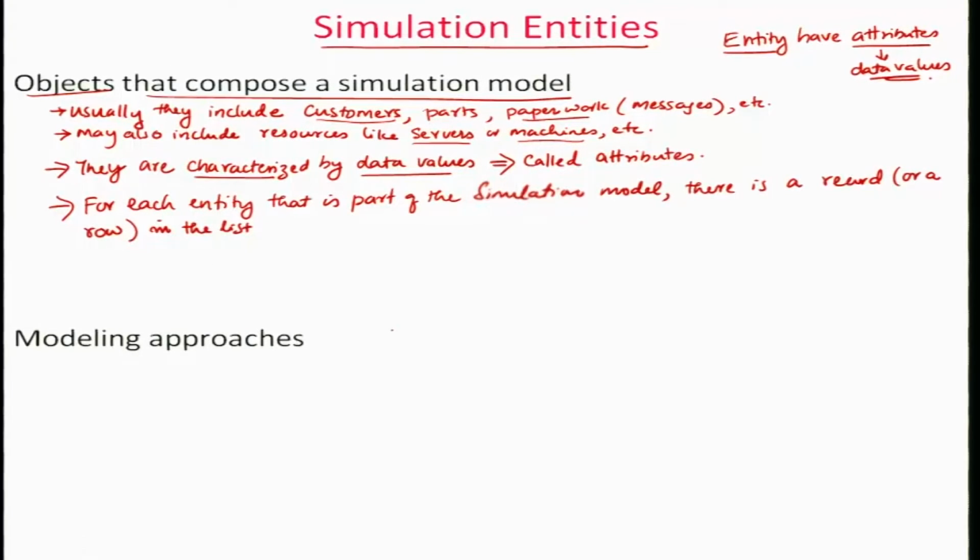So, for each entity that is part of the simulation model, there is a record, one row in the list. Okay. In the list, you can call it the entity list, some people call it the event list, okay. Some people call it a calendar, whatever you want to call it. In any one of those, a row, a particular record, is maintained for each entity that is part of the simulation model. Okay.